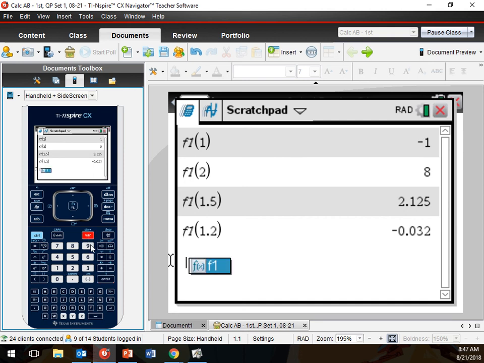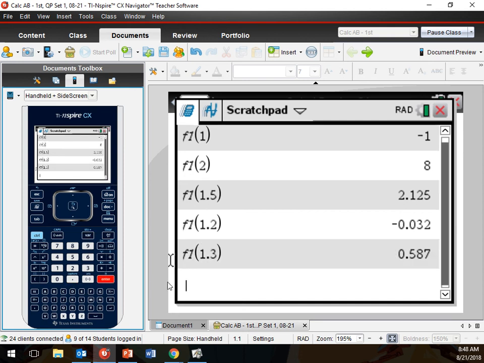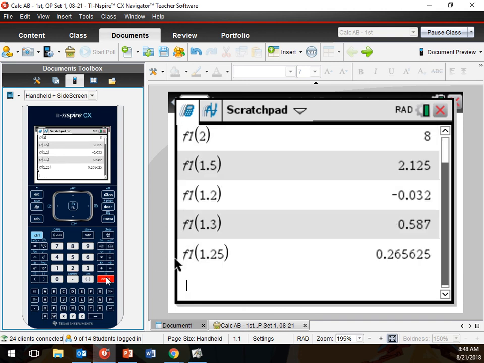And let's do it again. 1.3. Hey, look, changes from negative to positive. So that means that I know I'm going to have 1.2 something, right? And then you just keep going on this. So let's go 1.25. It's positive.